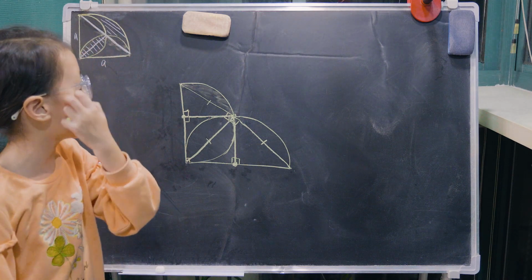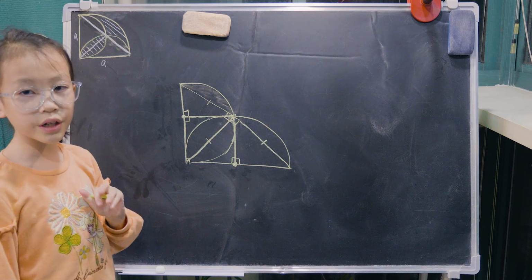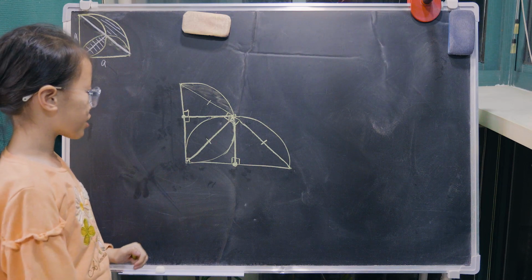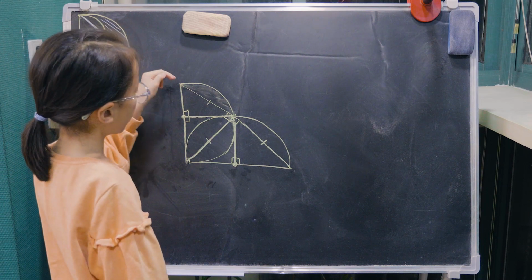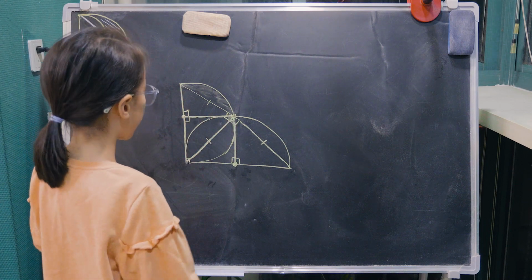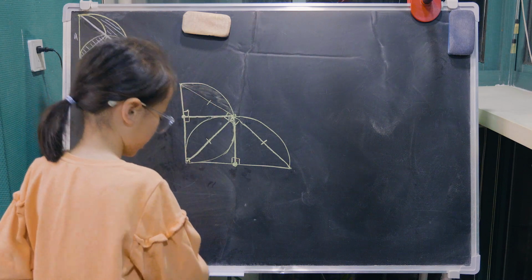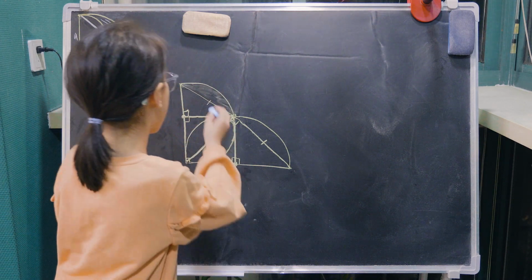So the four areas enclosed by the chord and the arc, right, are the same. So this area is equal to this area, right?